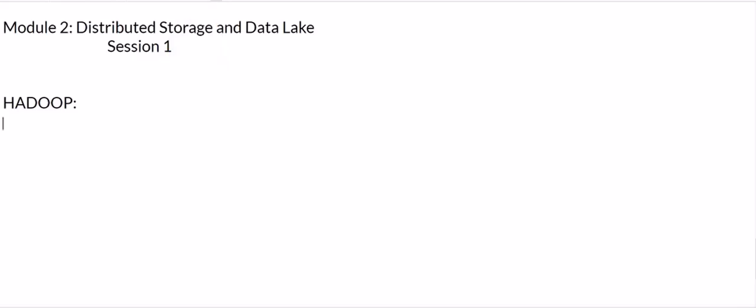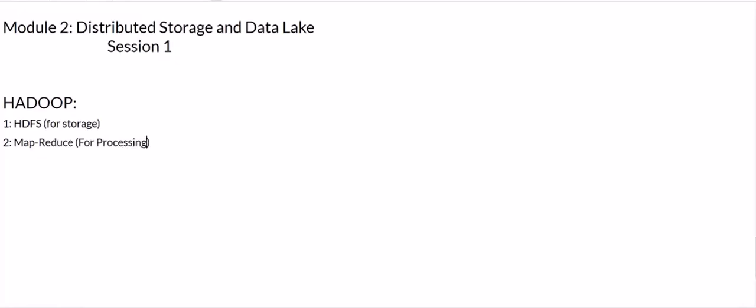The first one is HDFS, and that is for storage. Number 2 is MapReduce, that is for processing.